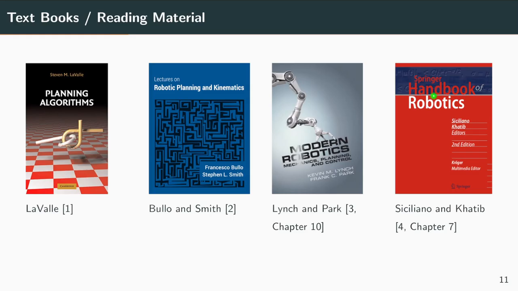Okay, and then where can you find more materials? The classic textbook is this first textbook by LaValle, Planning Algorithms. It used to be a great book, but it came out in 2006, which is now a long time ago.